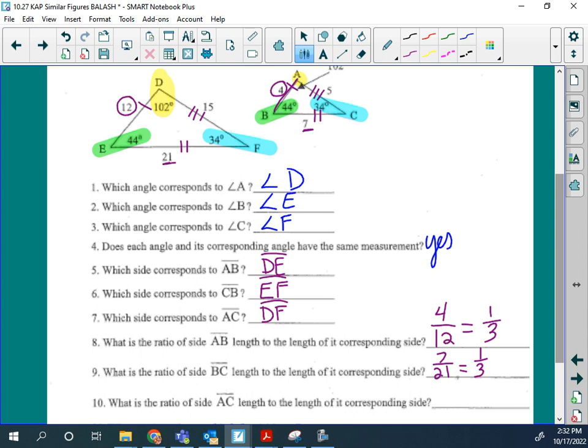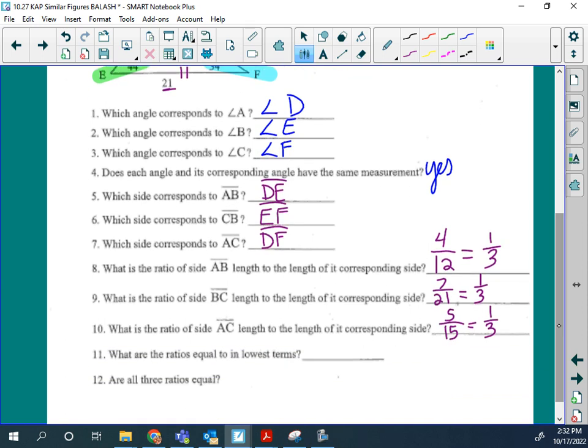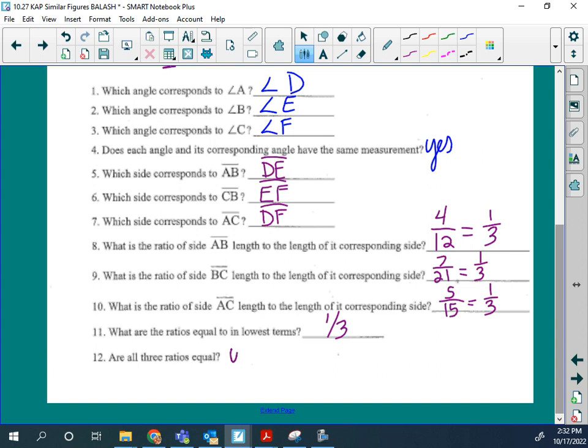The last one, the ratio of side AC was 5, and its corresponding side was 15, which also simplifies down to 1/3. What are the ratios equal to in lowest terms? 1/3. Are all three ratios equal? Yes. Therefore, they are similar.